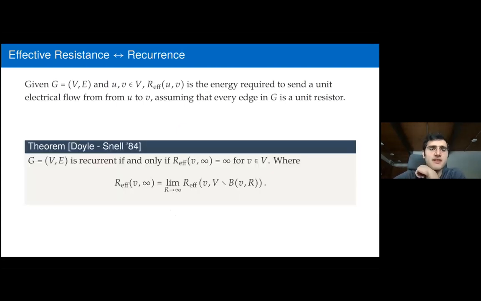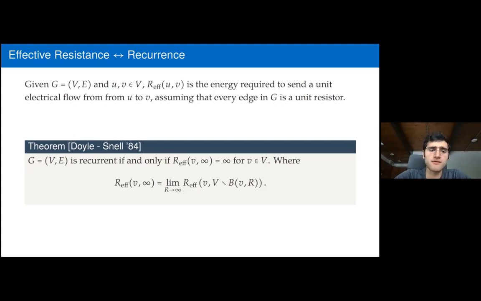In general, effective resistances and random walks have lots of connections, and it arises because both of them deal with harmonic functions on the vertices of the graph. But what we're interested in today is, of course, the relation with recurrence.